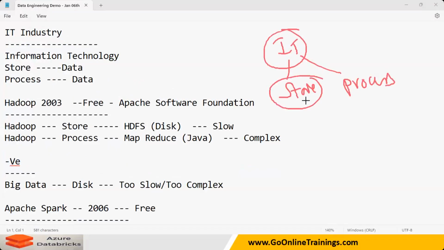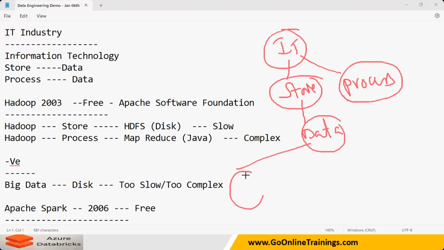If you want to store your data, depending upon the size, the IT industry is going to be storing the data in different platforms. When you have a small amount of data, it is stored in files: CSV file, text file, Excel file, PDF file, and so on. If the data is in megabytes or kilobytes, the data can be stored in files.